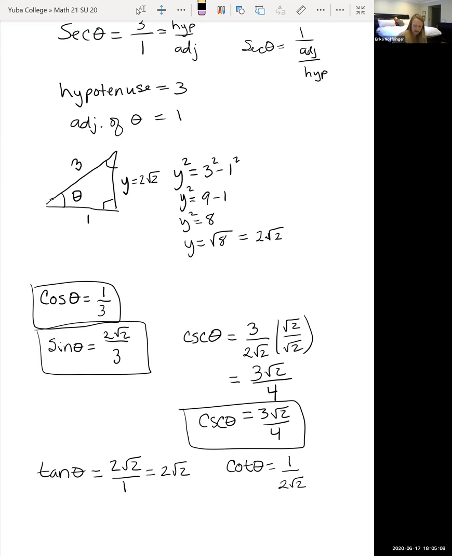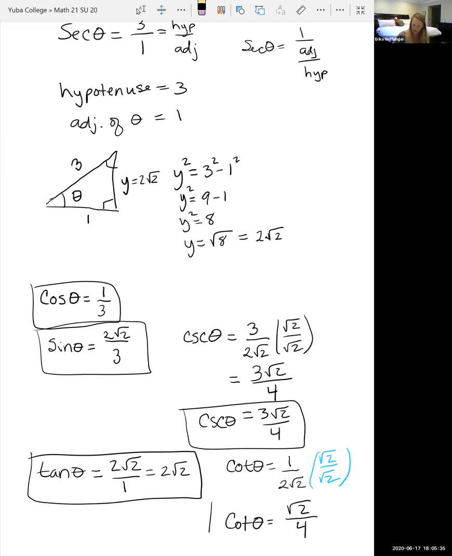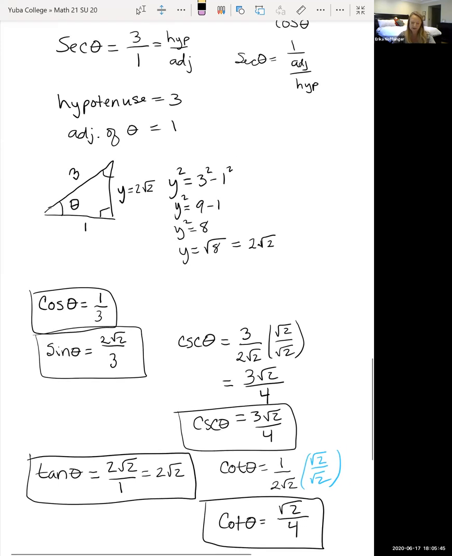We need to get rid of the radical in the denominator, so multiply both top and bottom by √2. So we get cotangent theta, that's √2 all over √2 times √2, which is √4, which is 2. 2 times this 2 over here is 4. So √2 over 4. And so we found the 5 remaining trigonometric functions, given what one of the trigonometric functions was.